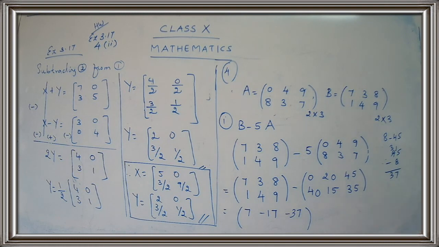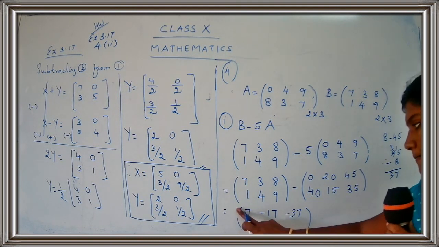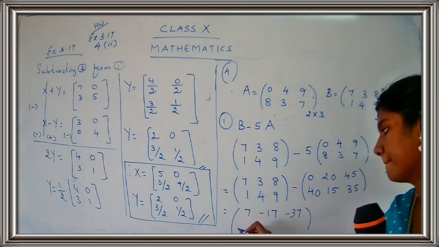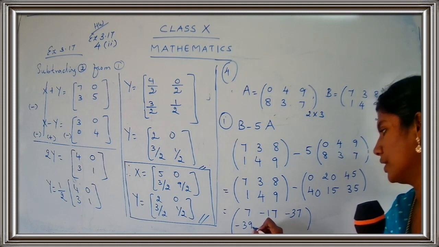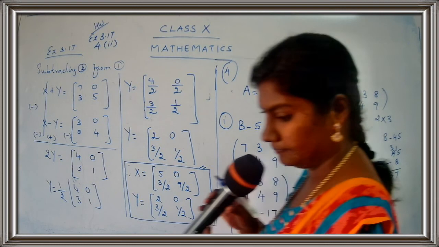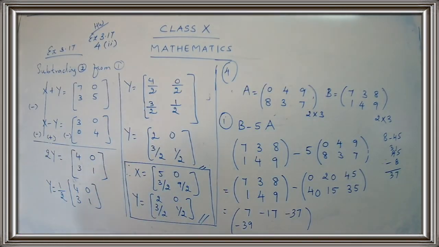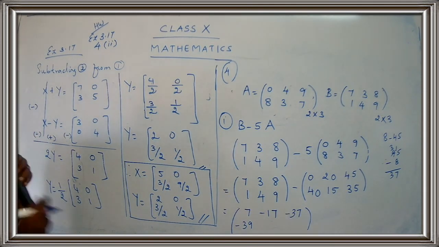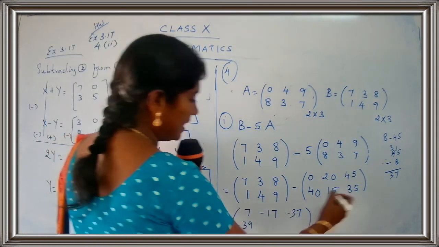Okay. 1 minus 40. 1 minus 40. Yes. 39. Sign of the bigger number is minus. So the answer is minus 39. Next. 4 minus 15. 4 minus 15. 15 minus 4, 11.